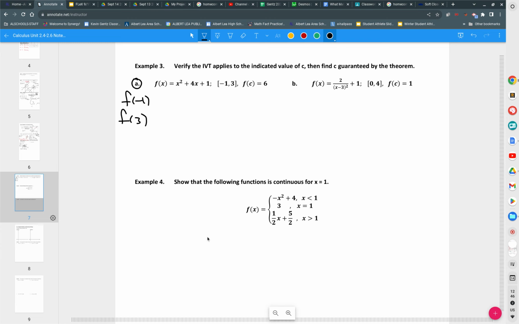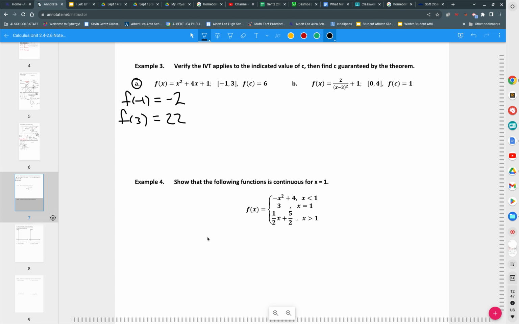So this is what I would expect you to be able to do for your test, be able to check the endpoints. As I plug in -1, I get 1 minus 4 is -3 plus 1 is -2. Are we okay with that? Yes. And if we plug in 3, we get 9 plus 12 is 21 plus 1 is 22. Good with that?